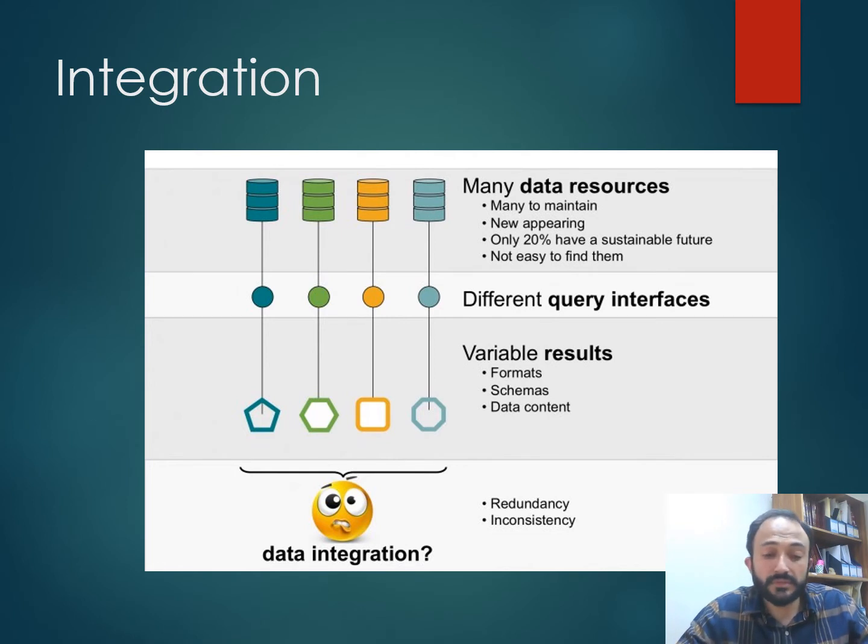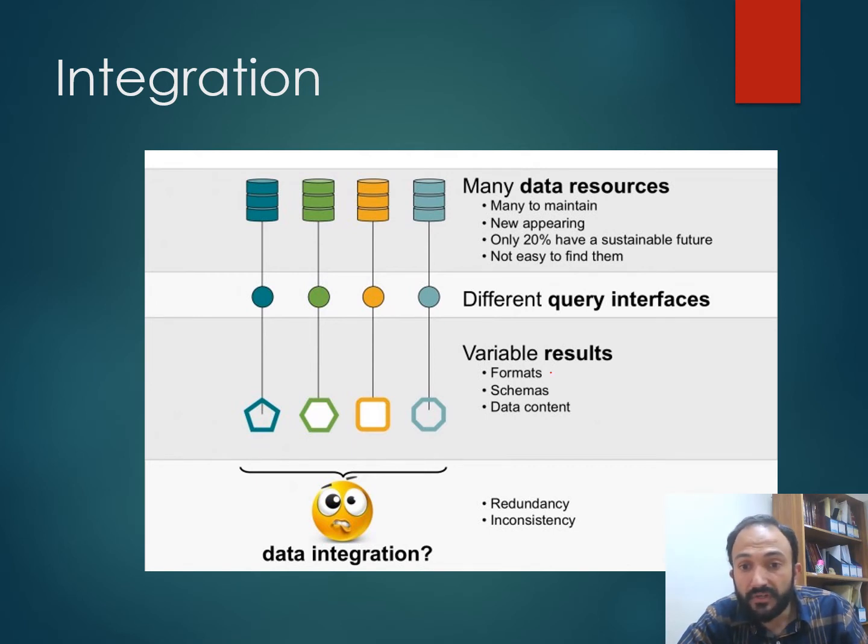If the information came from multiple sources, the first challenge for integration is how to include the information from different sources under one heading, that is one gene name, right?